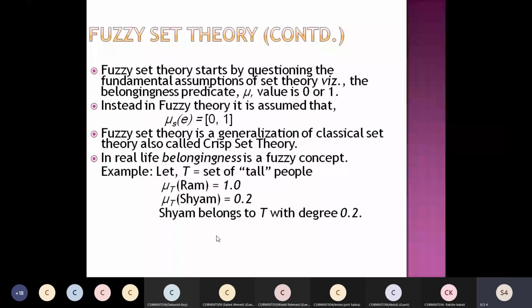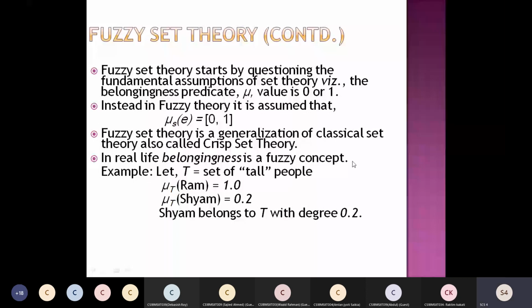But क्या होगा कि tall, moderate tall and very tall, तो ये सबको रिप्रेजेंट करने के लिए हम क्या यूज करेंगे? आपका fuzzy set theory. सो यहाँ जो श्याम है, श्याम is 0.2, so इसका हाइट will fall between 5 feet 8 inch to 6 feet because the value given is 0.2. Okay, so that's a very good example to represent the fuzzy concept. I hope this example is clear to you.